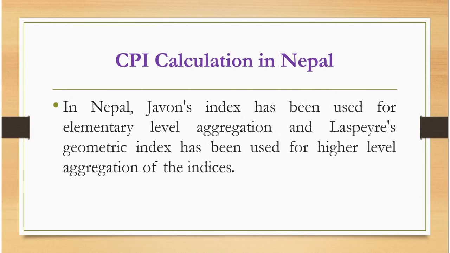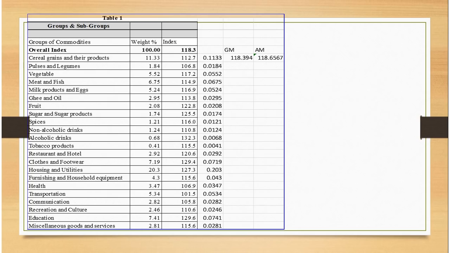So in case of Nepal, we use Jevons index for calculating elementary indices and last pairs geometric index for higher level aggregation. So this is the glimpse of the expenditure weights used by Nepal while calculating the CPI, and these are the indices of these groups. So this is the final index.